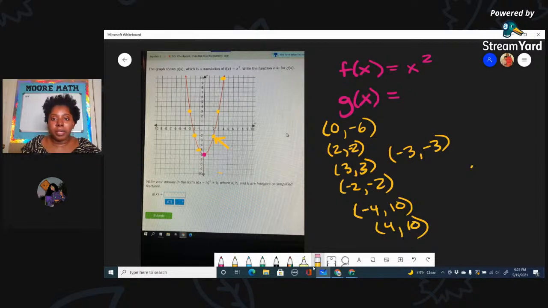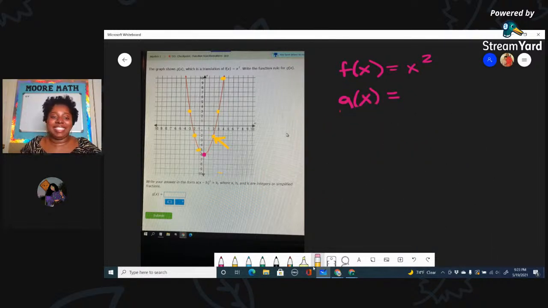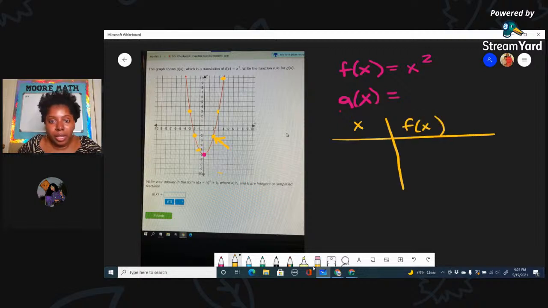Let me write this in a better way. Let's organize this. Okay, so let's take my x and then f of x. Let's start with -3, -2, -1, 0, 1, 2, and 3.